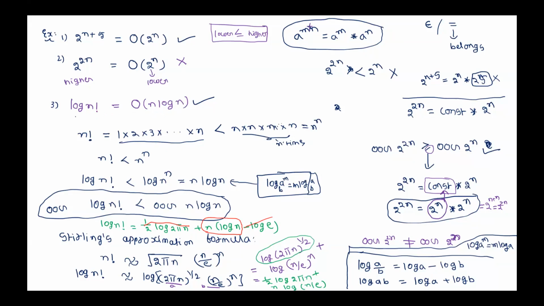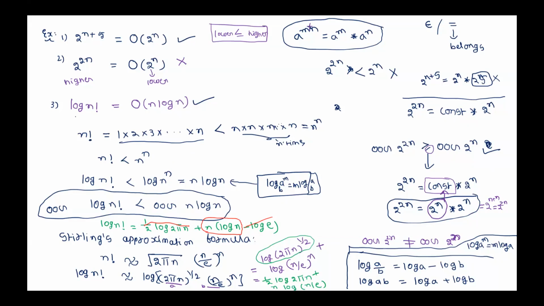Okay, so both have the same order of growth. If they have the same order of growth, automatically this condition is true. Now log n factorial equal to order of n log n is true. If we understand that the order of growth of log n factorial is n log n, then the notation is different; instead of big O, we may use some other notation.